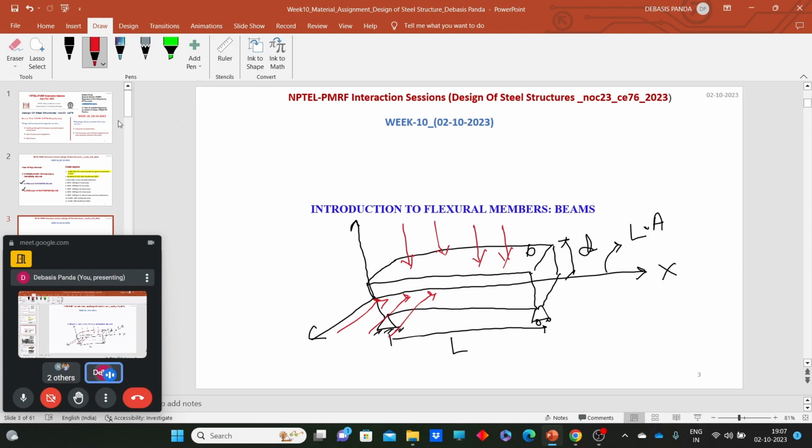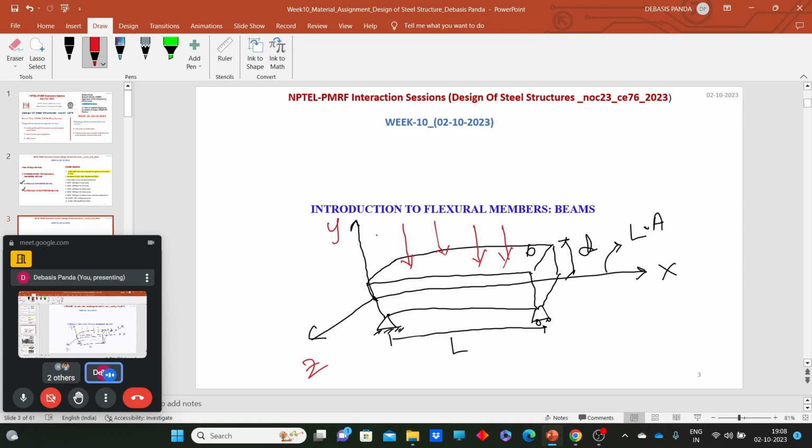Now, if I fix one axis with respect to the application of load, say the load is applied along the y axis, and this axis is z. So the load is applied from the positive y axis.